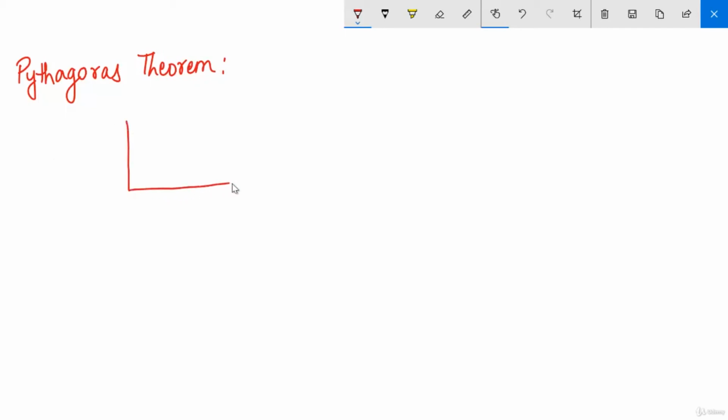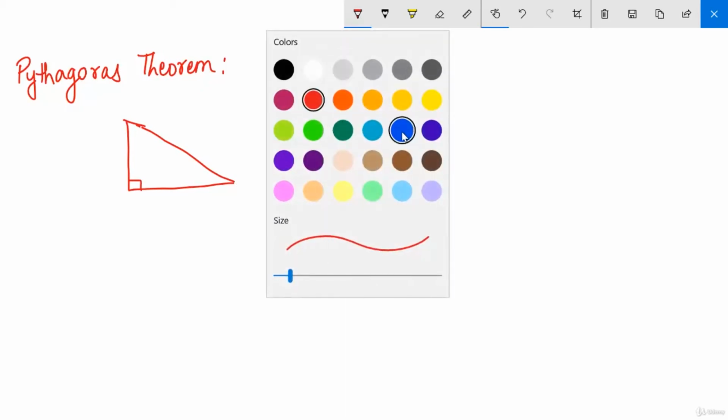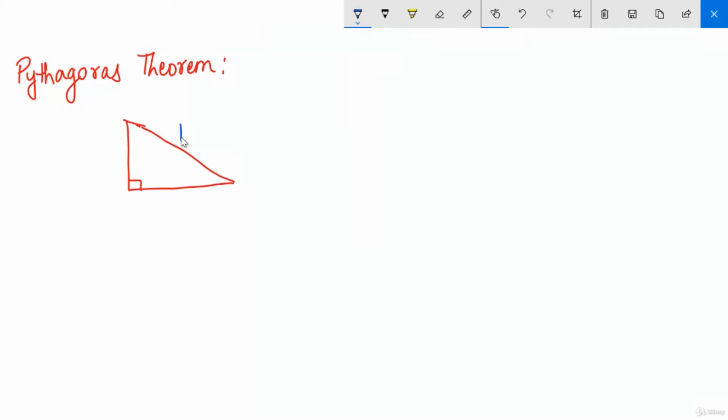Pythagoras theorem is nothing but, when we have any triangle, basically a right angle triangle, and we have a few sides, like this is the hypotenuse, base, and let's say length. So what happens?